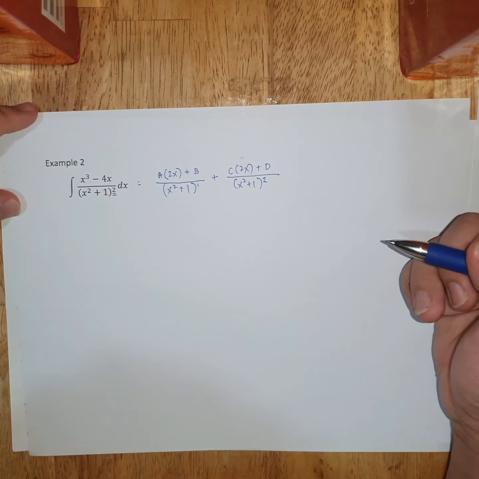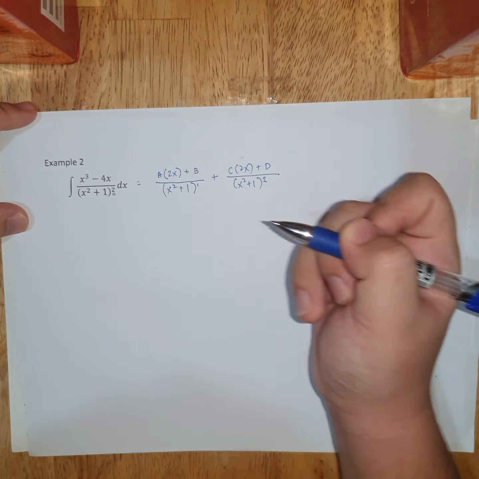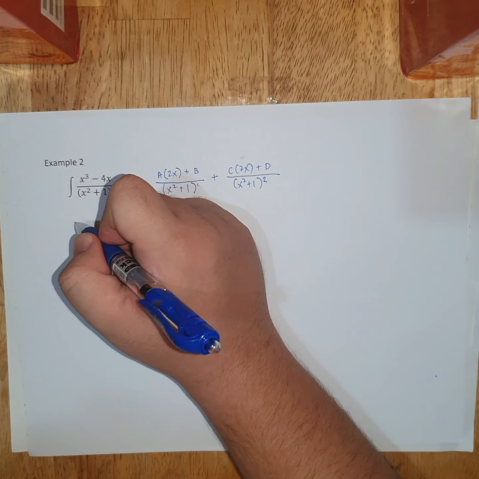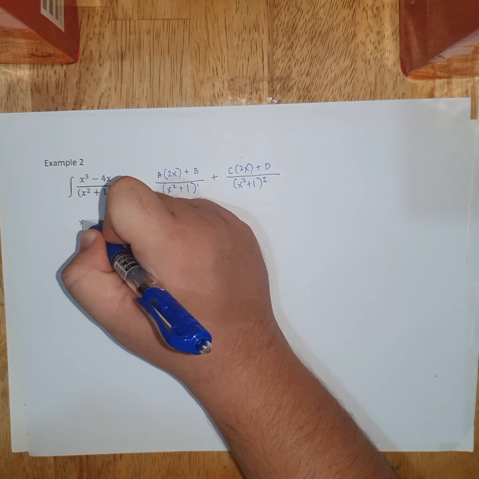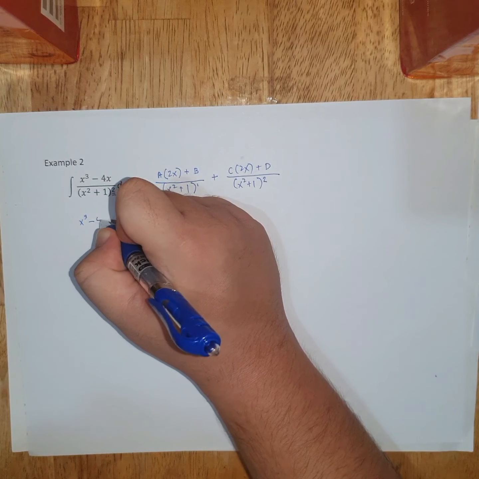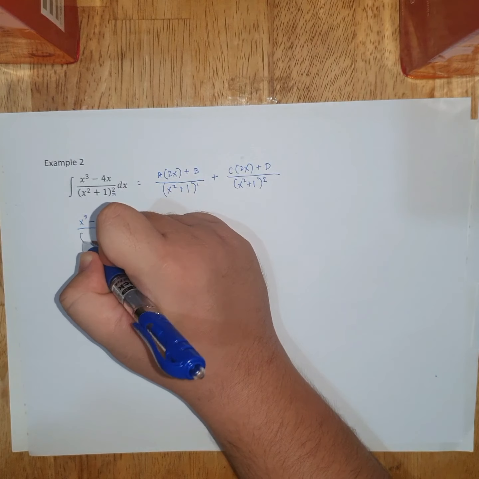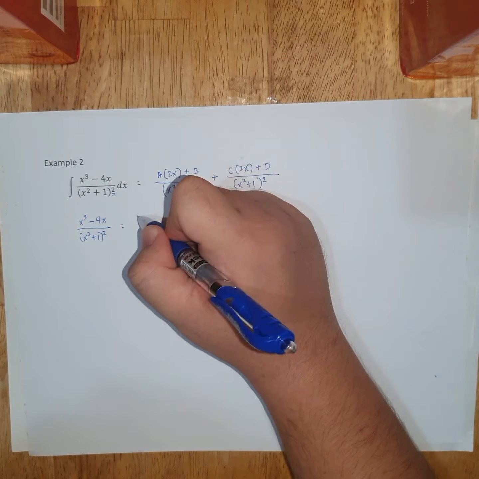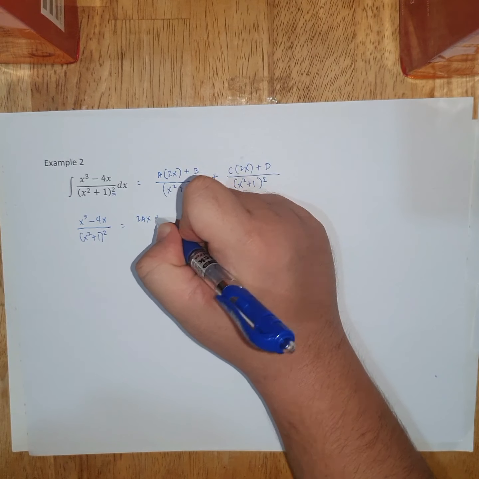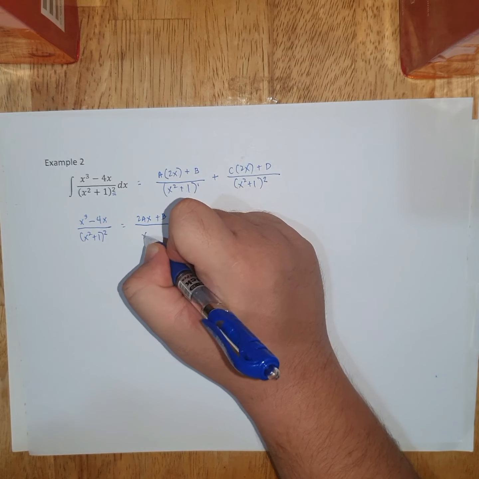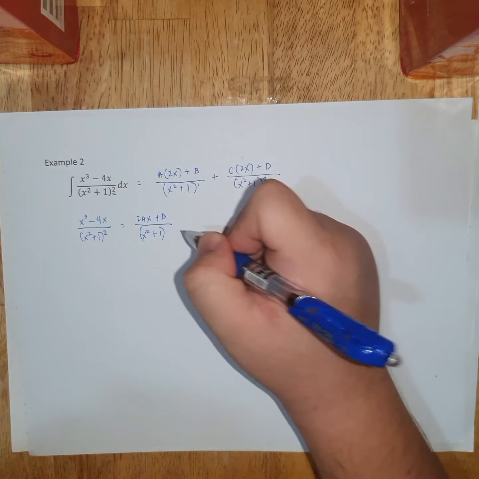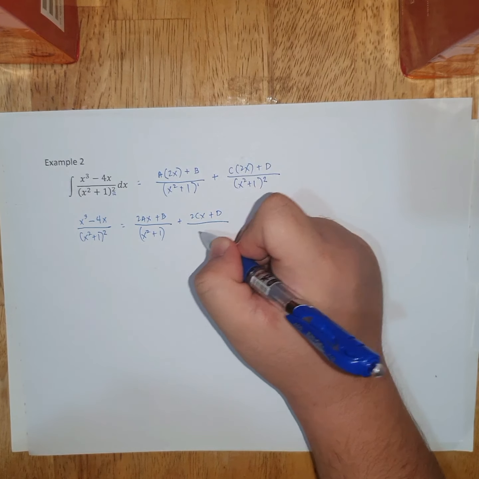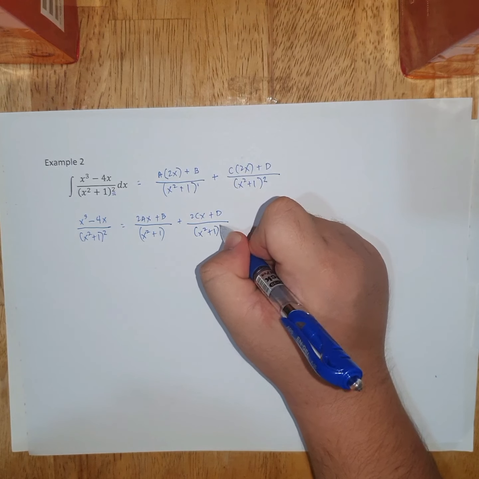Okay, so your solution will be just to factor out again the common terms, the common LCD. So on the left side we have x cubed minus 4x all over x squared plus 1 squared is equals to, let me simplify, 2ax plus b all over x squared plus 1 plus 2cx plus d all over x squared plus 1 squared.